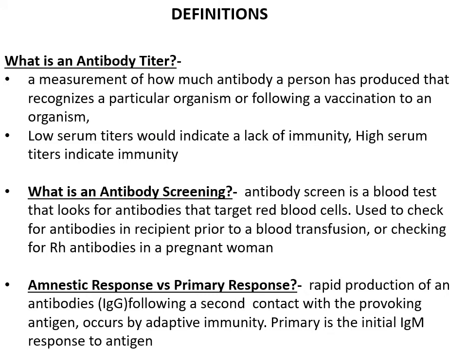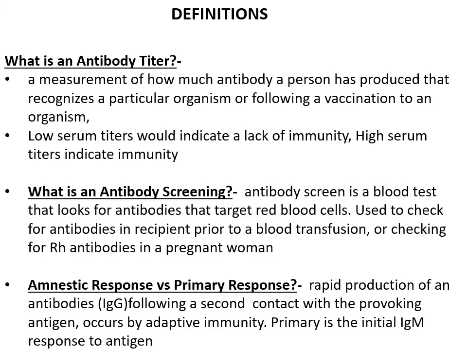Okay, let's talk about a few different definitions, and they'll apply to antibodies, right? So, what's an antibody titer? Well, an antibody titer is really a measurement in someone's bloodstream of the level of antibody they have to a certain infection that they've either come in contact with or they've had a vaccination to.